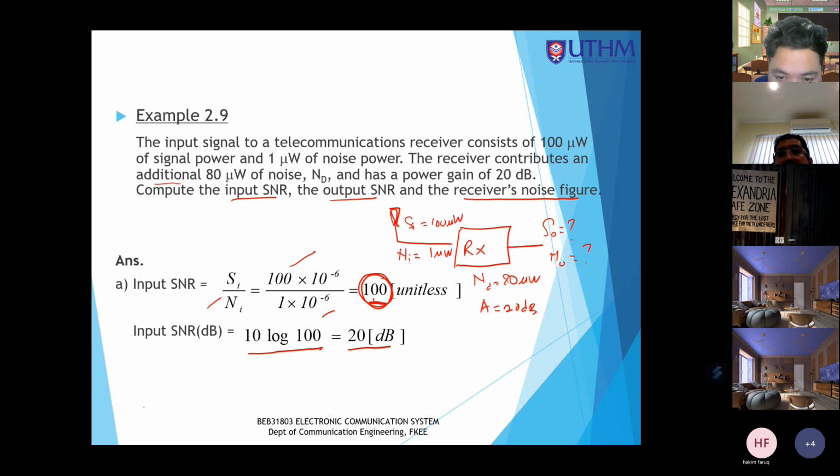This is not the cascaded. So we're going to see the cascaded example later after this. Remember, each device is going to produce an input SNR and also the output SNR. From there, we can find the noise factor and then we can find the noise figure.